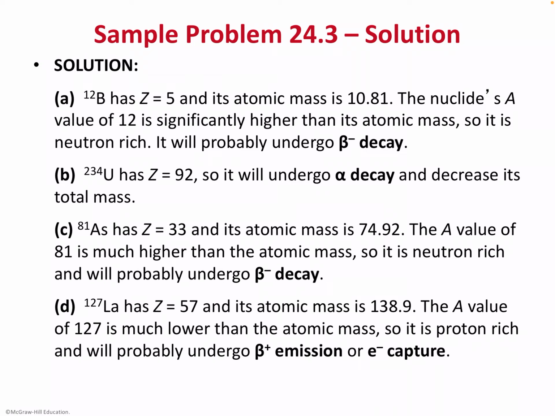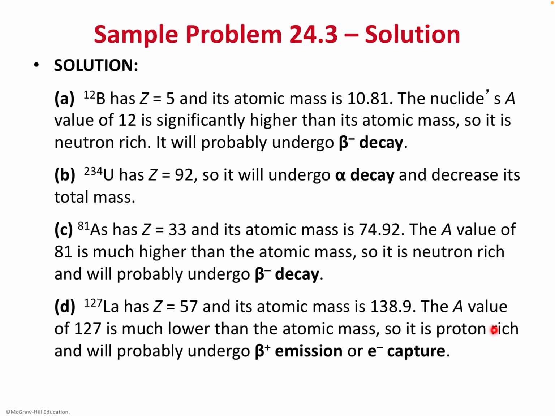Similar to B. And then the last one, lanthanum-127, has Z 57. You look up lanthanum, 57, in your periodic table and find the atomic mass 138.9. Which one is bigger, 127 or 138.9? The atomic mass is bigger than 127, meaning the A value of 127 is much lower than the atomic mass.